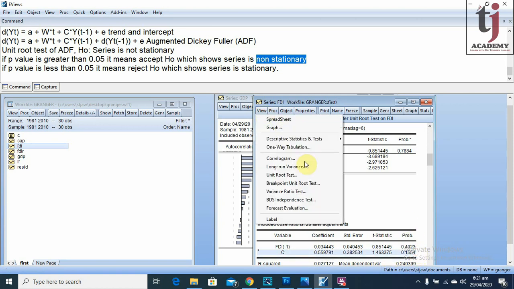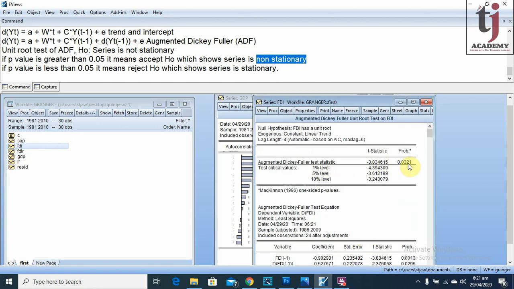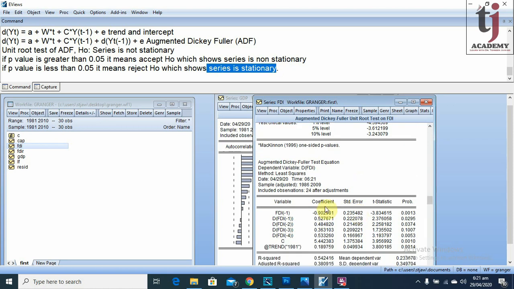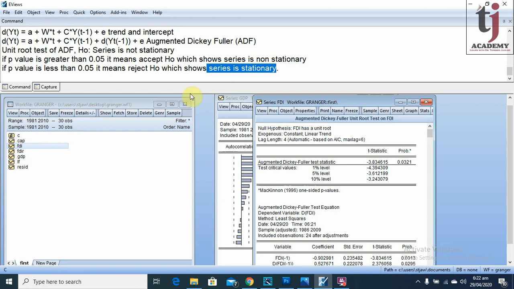And if we use trend and intercept, the result shows the value is less than 0.05, it means reject H0, which shows this series is stationary. And you can see the equation including time trend and constant. So this is the stationary analysis and unit root test.